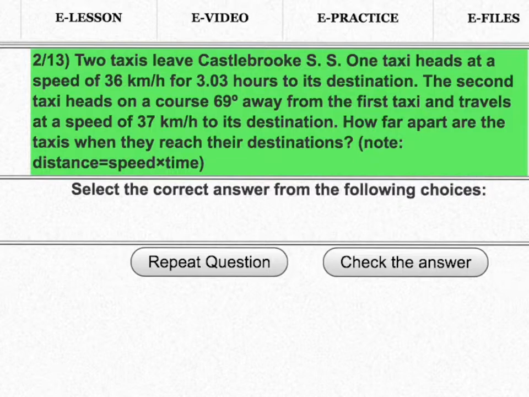Remember, they go the same amount of time, 3.03 hours. How far apart are the taxis when they reach their destination? Just remember that the distance is speed times time. So go ahead, tell me how far apart the taxis are.